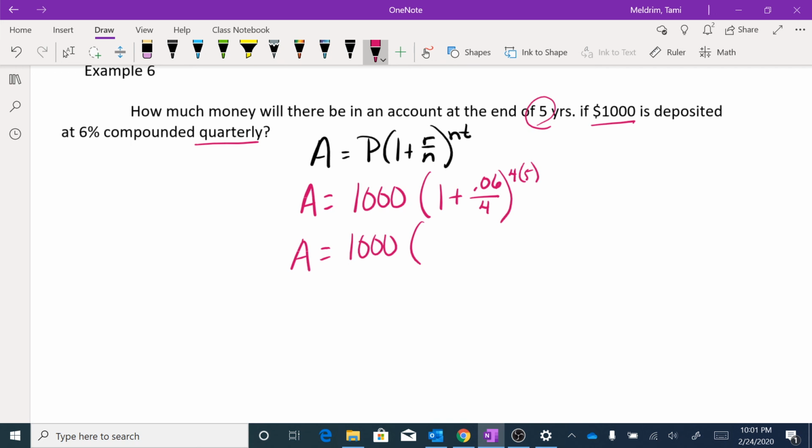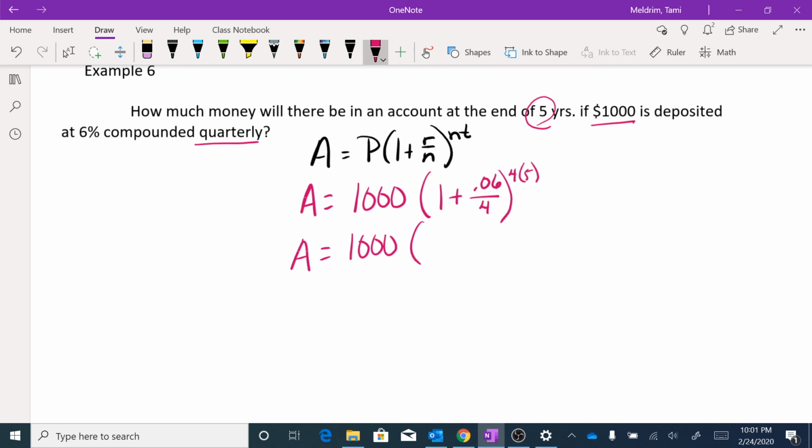That is the total amount of money that will be in your account after those 5 years. Now, pay very close attention to what they are asking you for. Here they're asking how much money will be in the account. Okay, that is your A.